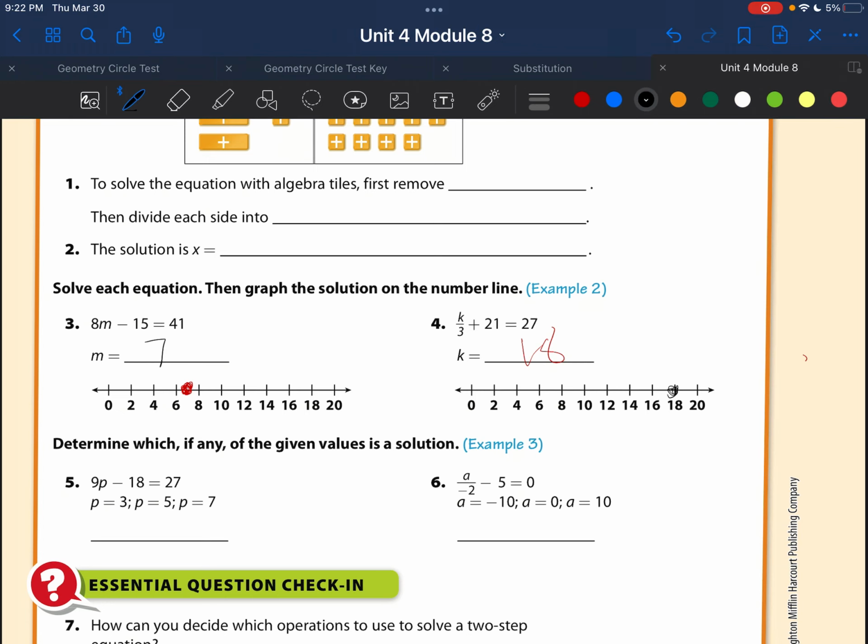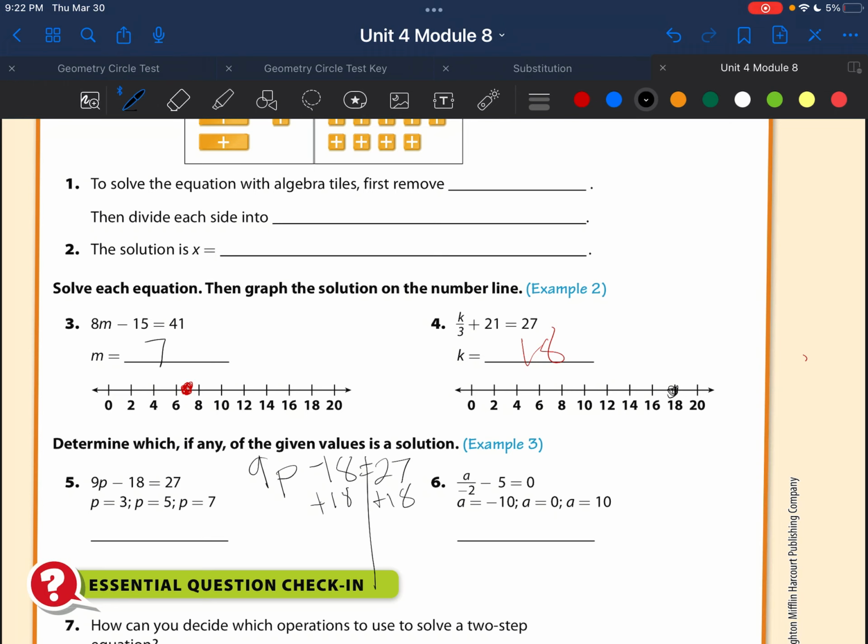All right, let's go over number 5. You have 2 different ways you could have solved it. You could have plugged each of these in for where p is, or you could just go ahead and solve it fully. Either one is fine. I'm going to go ahead and do the solving it fully. 9p minus 18 equals 27. Draw my line.